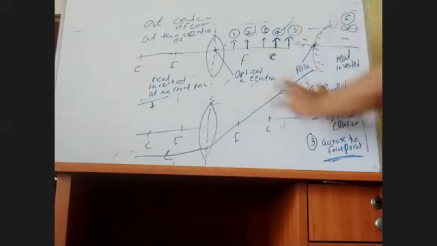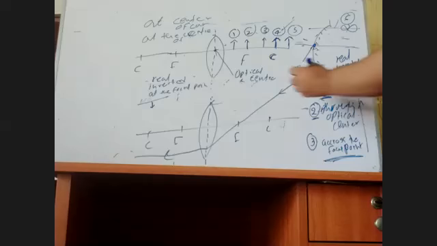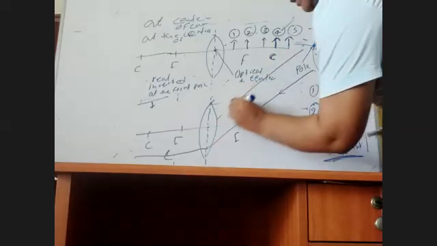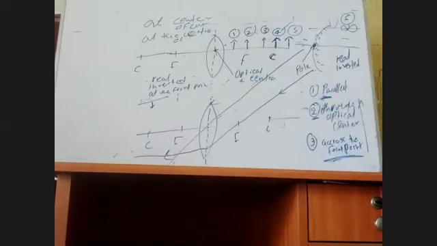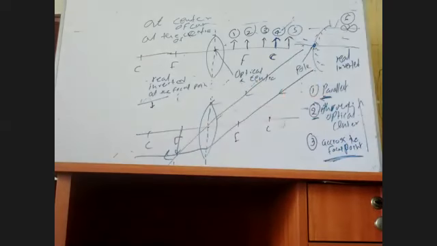The object can be anywhere else, here, here, here, not on the board and not in your book, somewhere at an infinitely long distance. So passing from infinity across the optical center, the two lines join here.